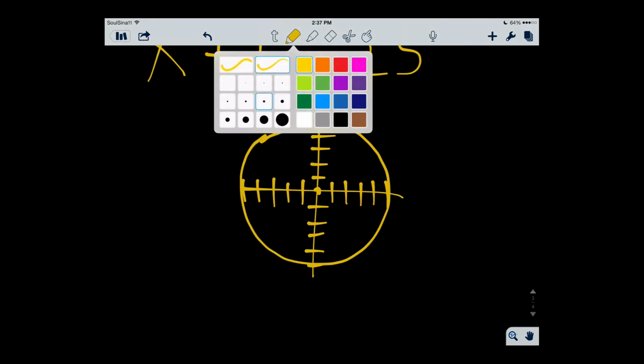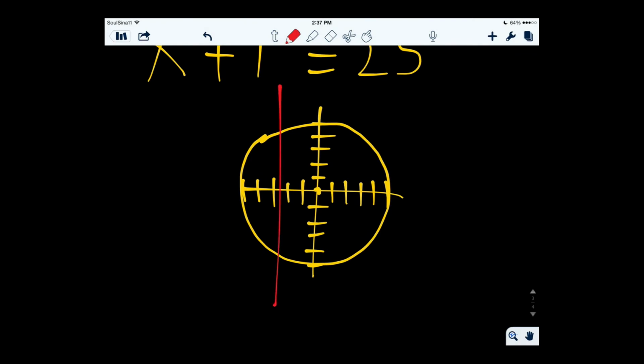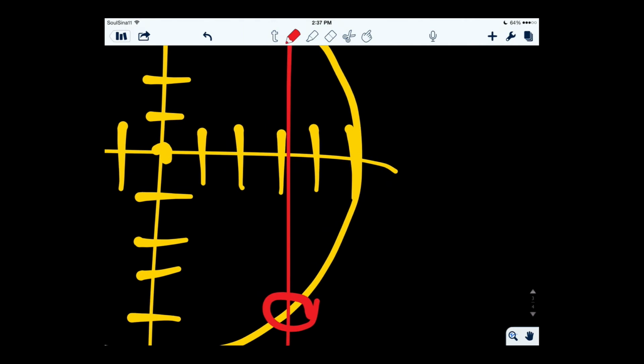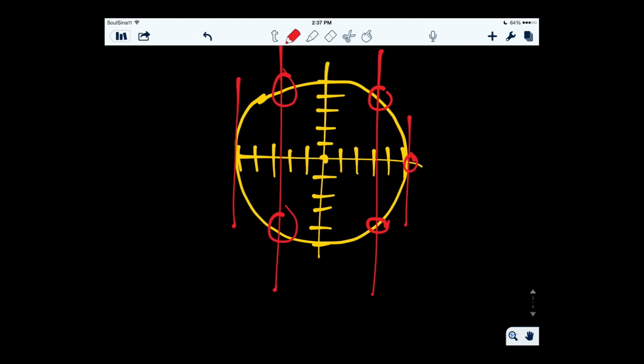This is not a function because if we draw a vertical line, it intersects our curve at 2 points. And that's nearly wherever we go. The only times we would have 1 point are if we have tangent lines, but those are not always vertical lines. They would only be vertical lines here and here.